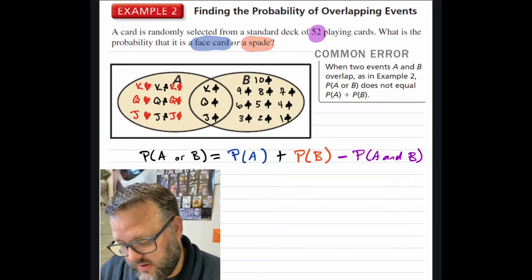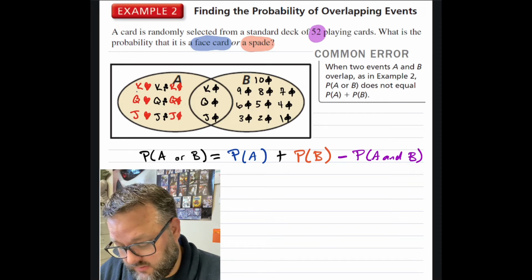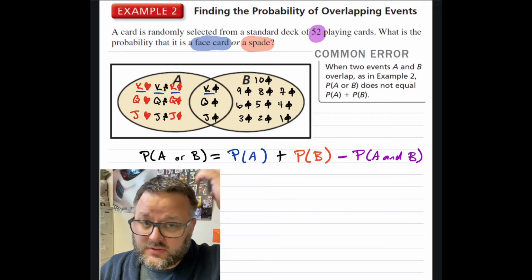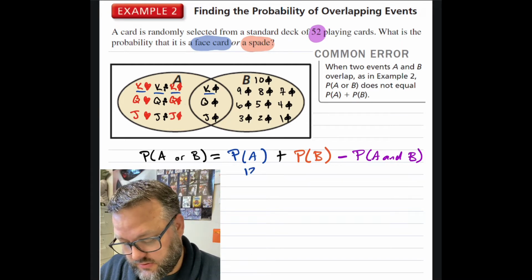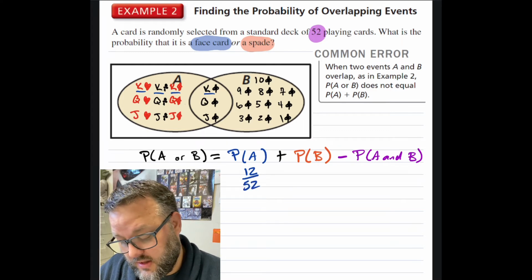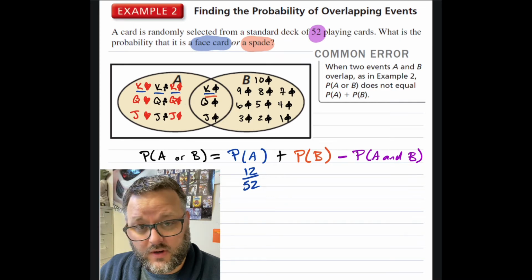So the probability of A is going to be 12, because we have 4 kings, 4 queens, 4 jacks, 3 different face cards in 4 suits. And so that's going to be 12 out of 52. Then we've got, and right here is kind of where it happens.